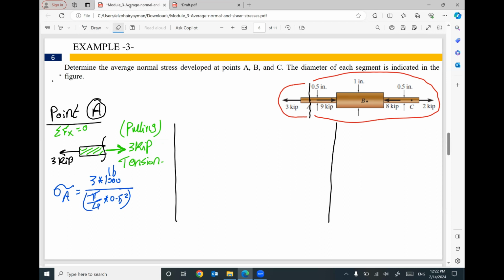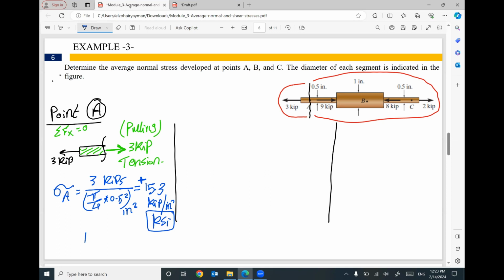So I will keep it in kip. I will not convert it. So the number will be a little bit smaller. And this one will be in inch square. So the stress will be 15.3 positive kip per inch square, or KSI.